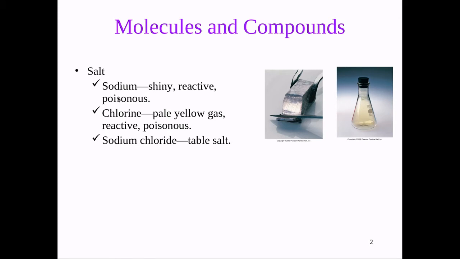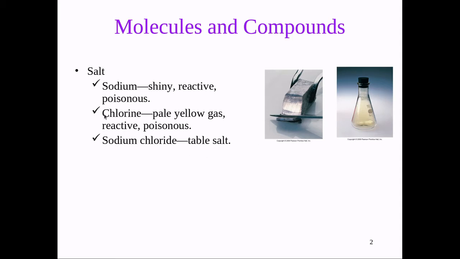So if we think about the entire world and everything that's in it, we definitely can't just be limited to the elements, right? There's only so many of those, and we see a lot of different things. If we think of something like salt, we know that this is sodium chloride. Sodium is a metal, it's reactive, it's poisonous.